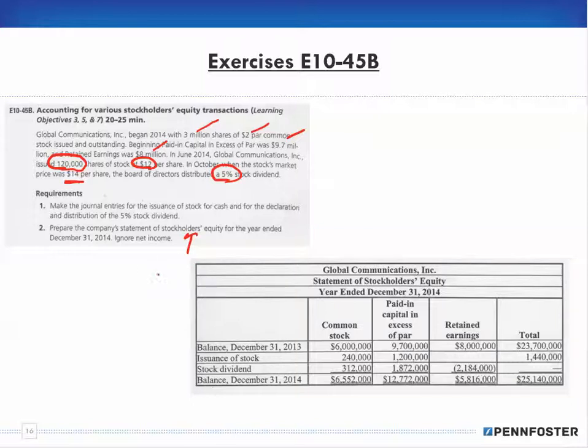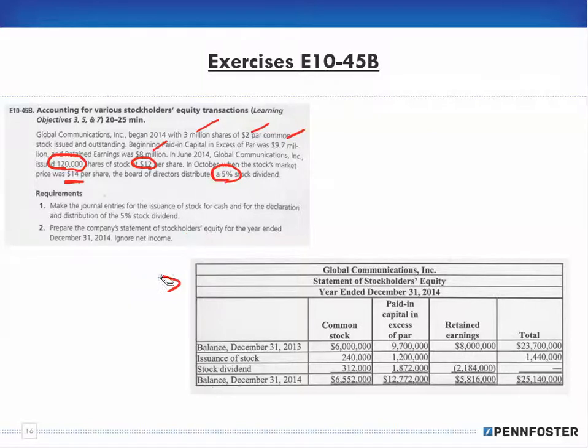I give a little spiel on the difference between the equity section of the balance sheet and the statement of stockholders' equity. Here I've reproduced the solution because it takes a lot of time to create this table and formatting. So I've just reproduced it, and I'll explain the numbers as they go in.